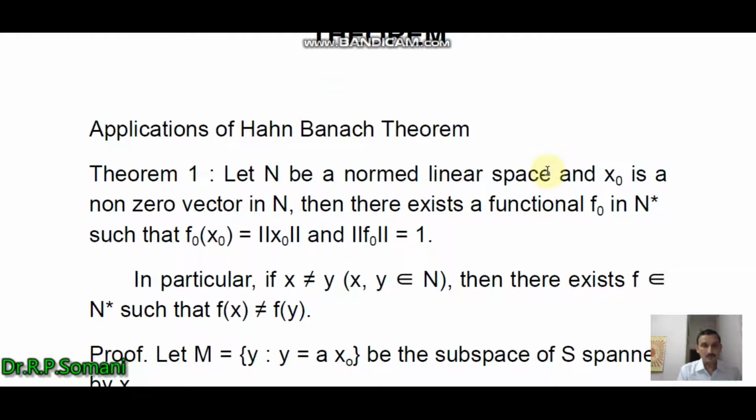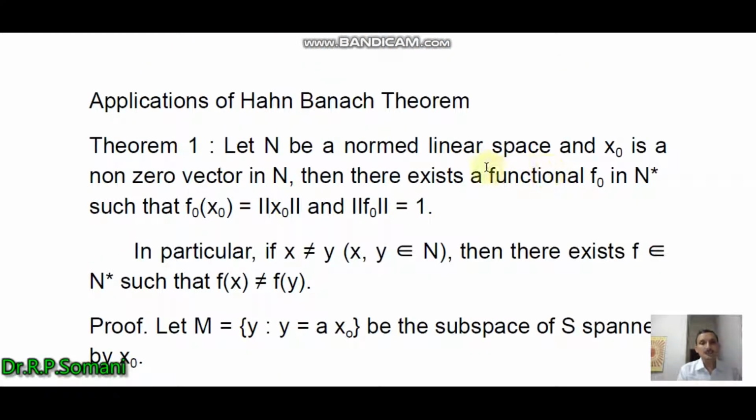The first theorem tells us that let N be a normed linear space and x0 is a non-zero vector in N, then there exists a functional f0 in N star such that f0(x0) is equal to norm x0 and norm of f0 equal to 1.